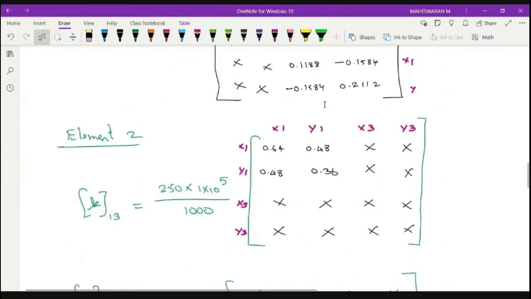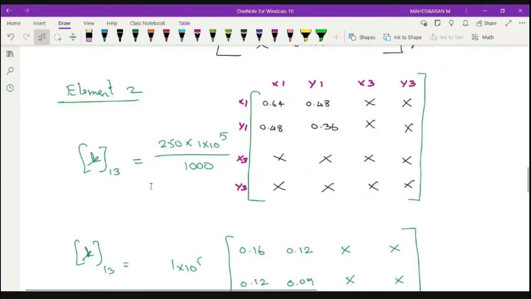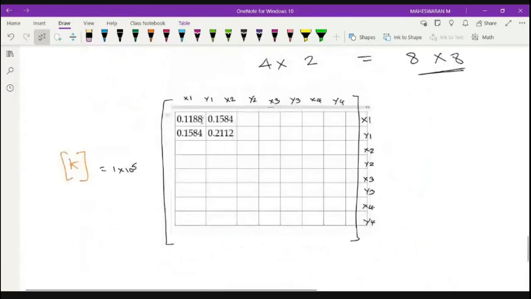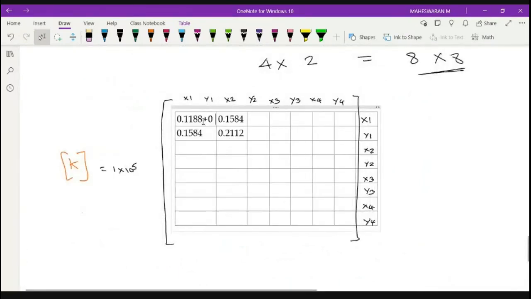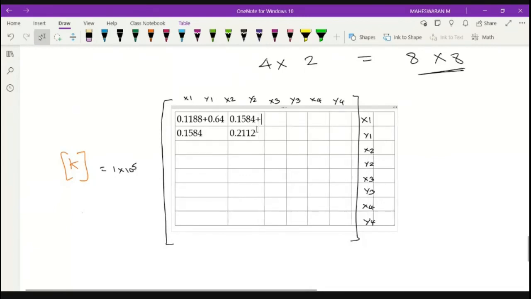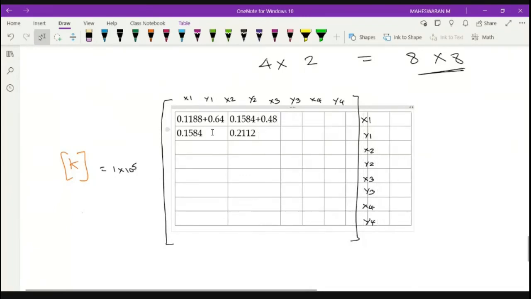The second element, you can see, is also related to x1, y1, right? So it is 0.64, 0.48, 0.48, 0.36. So here itself I write plus 0.64, this plus 0.48, this plus 0.48, and this plus 0.36.